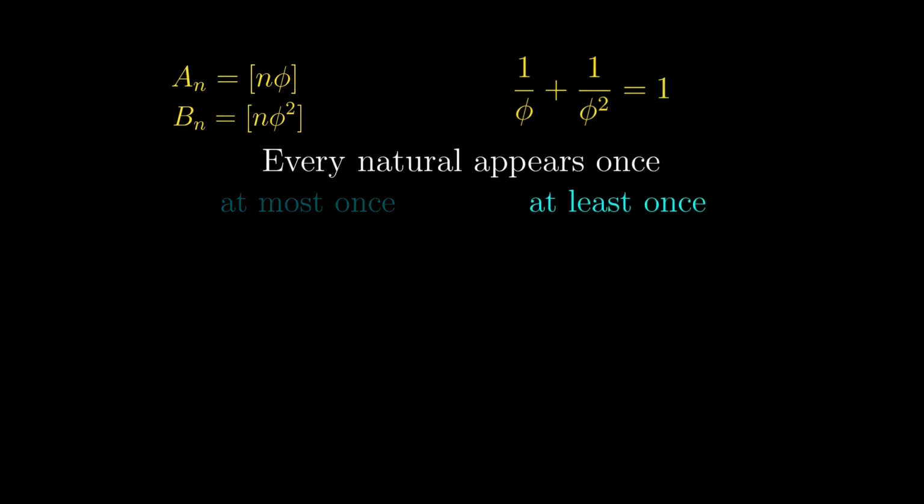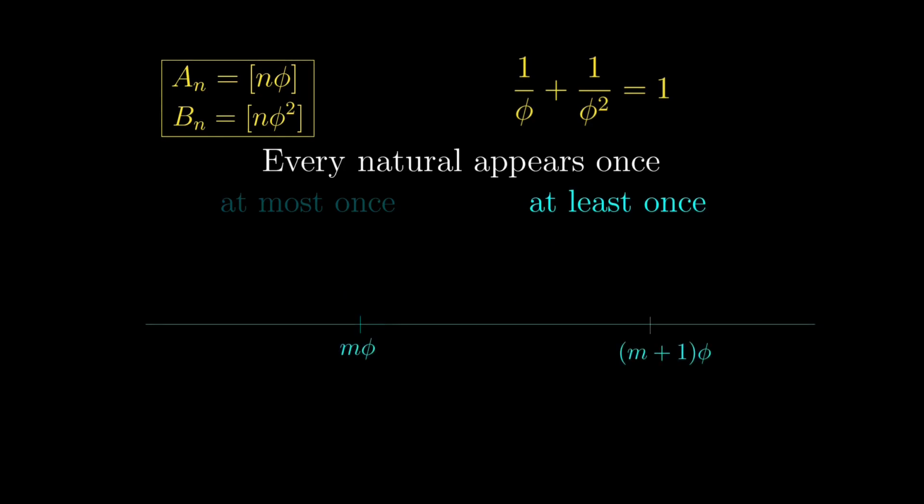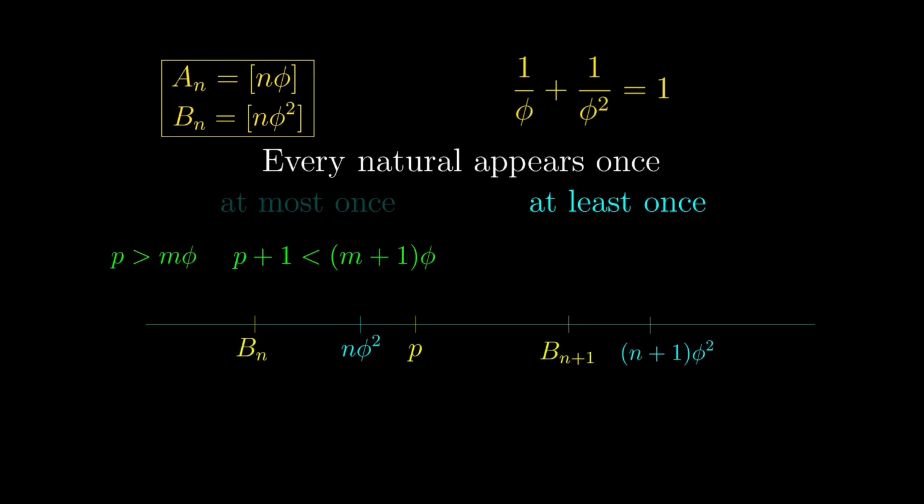What about the at least once part? Suppose a number p cannot be generated by a_n or b_n. Then on this number line, p sits between two consecutive a_m's. So we have these two inequalities about p. By changing up the number line a little bit, we can similarly write down two inequalities.